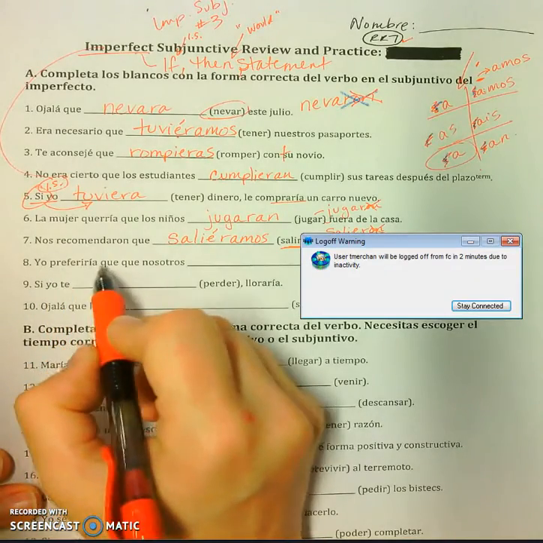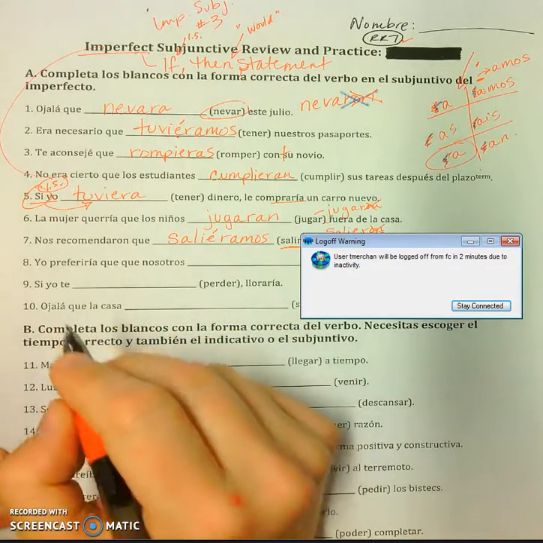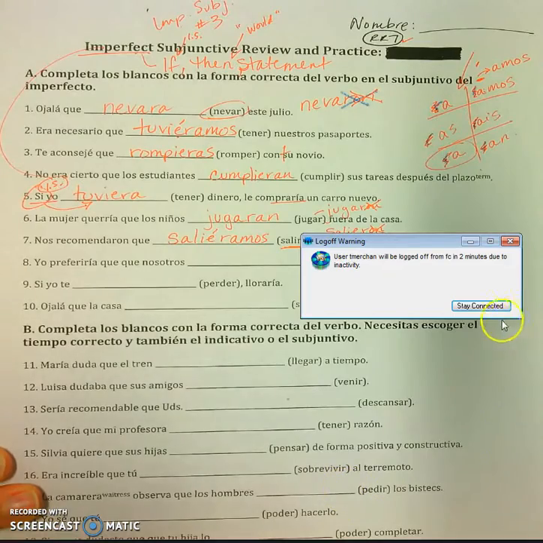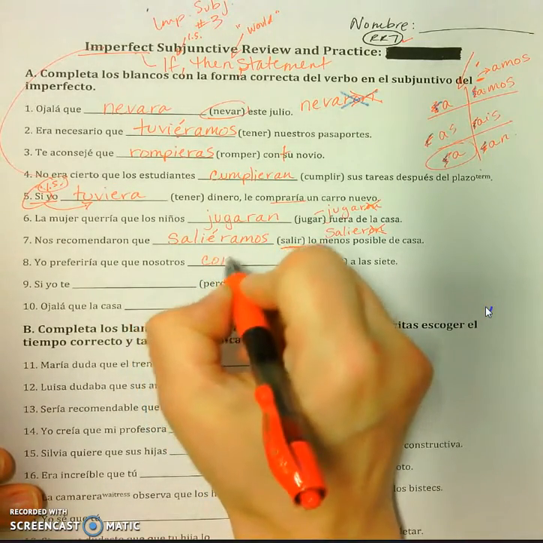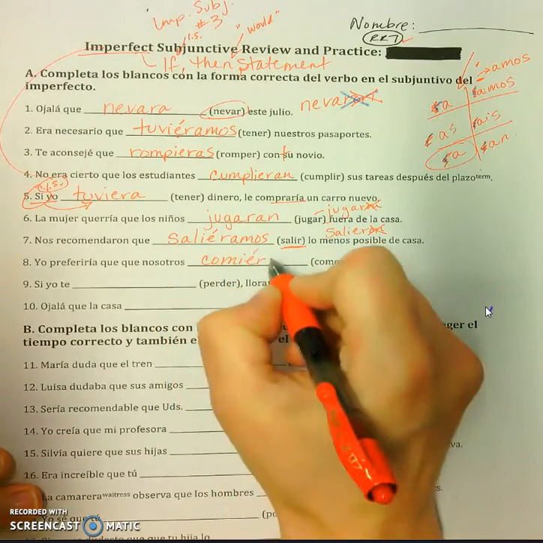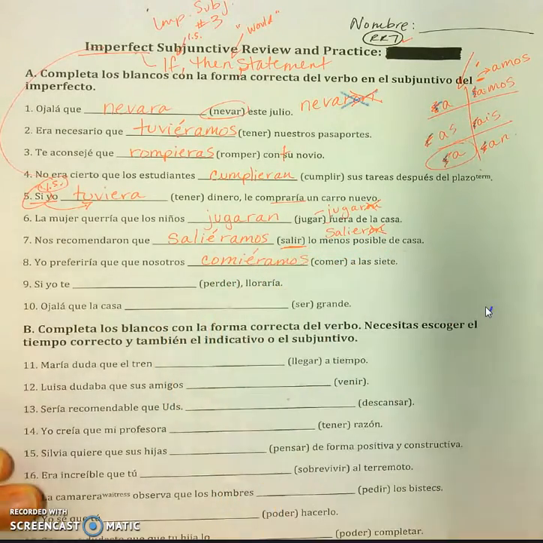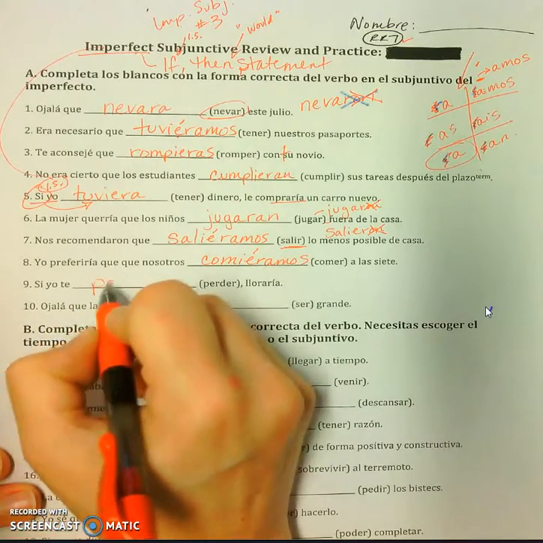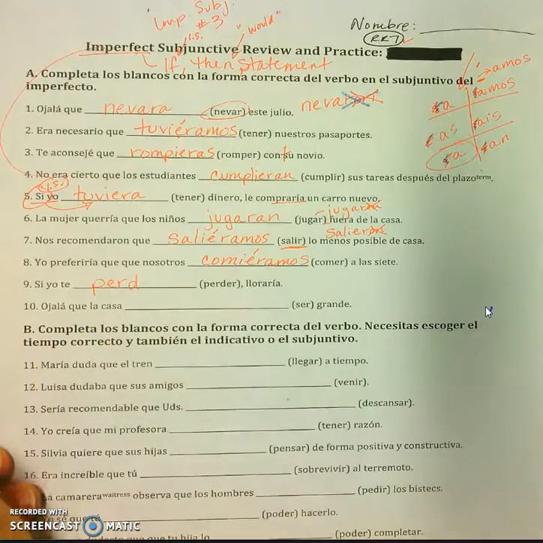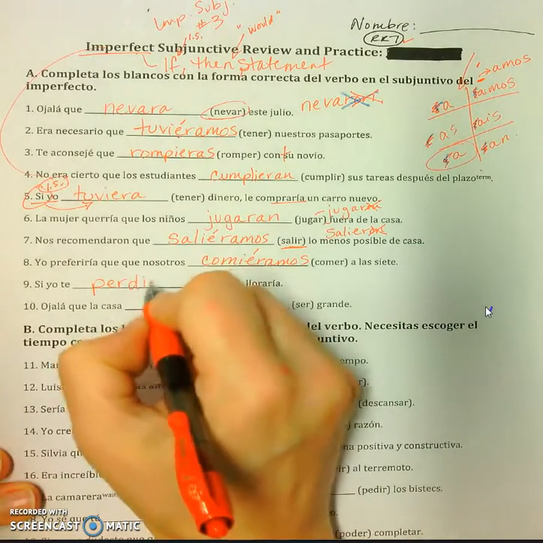Yo preferiría que nosotros comiéramos a las 7. I would prefer if we could eat at 7. Si yo te perdiera, perder is perdieron.